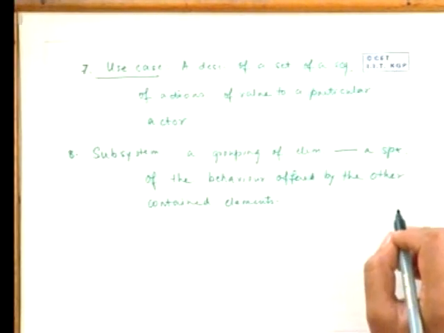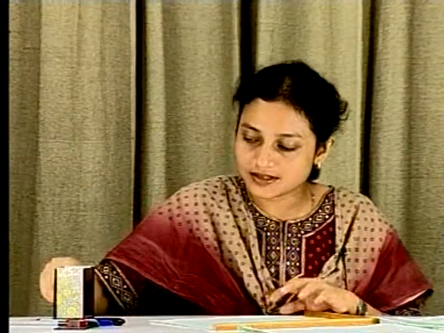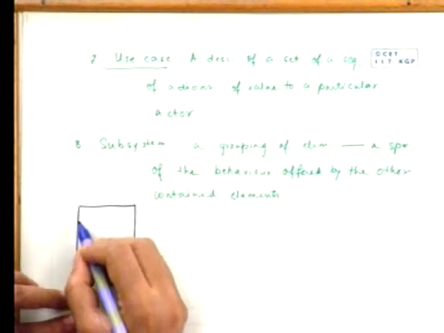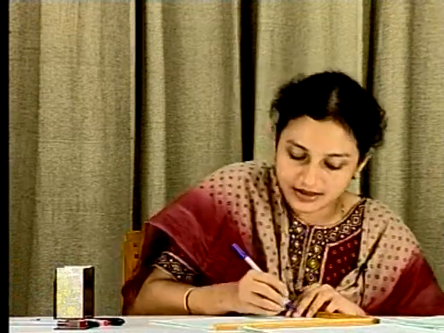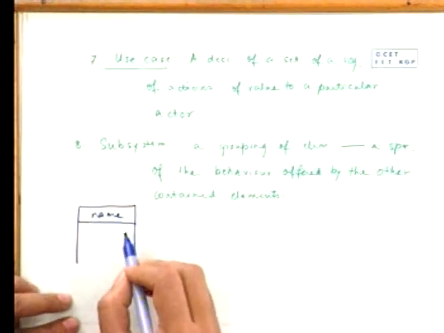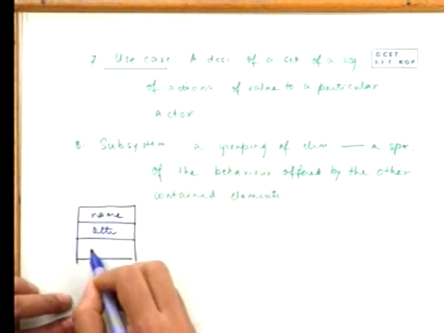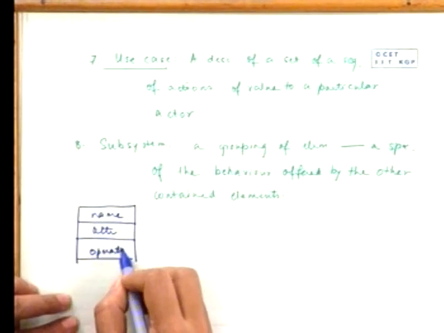UML also provides a notation for specifying these different types of classifiers. We have already seen how classes are specified as a rectangle whose first compartment contains the name, the second compartment contains the attributes, the third compartment consists of the operations, and it may have other compartments containing responsibilities and other things.